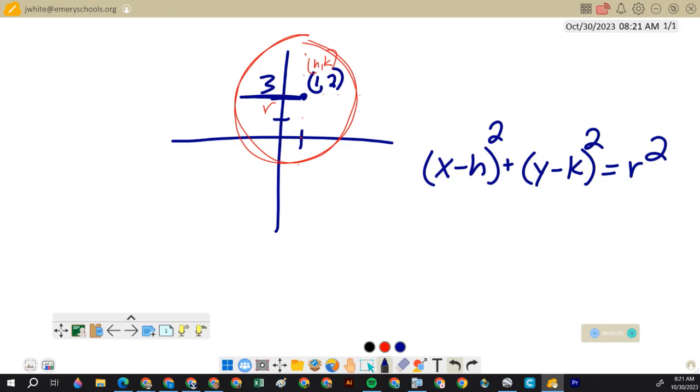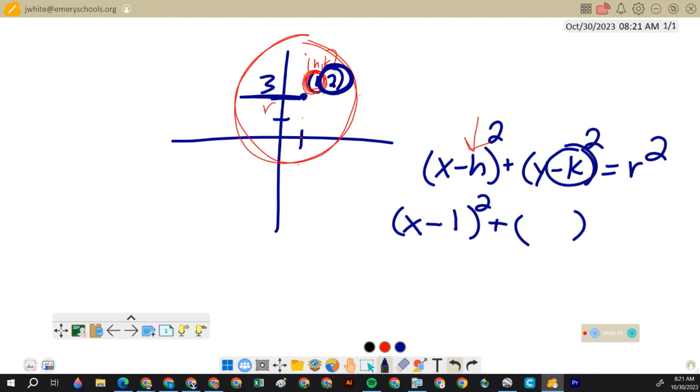So in the x portion of the function, we just change the sign of the x piece of the center. So the center has an x of 1, and so we're going to put -1 right there. So x minus 1 squared plus, what would the y be? So the y value of the center is 2, and what does this tell me to do with 2?